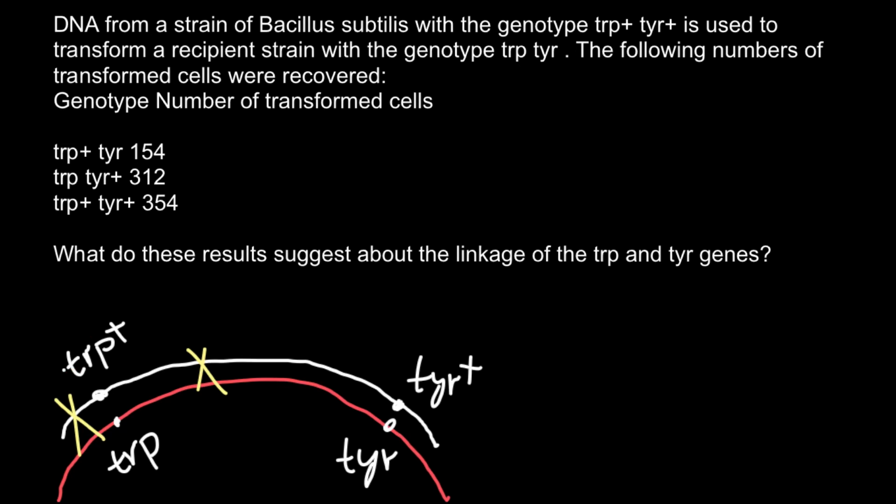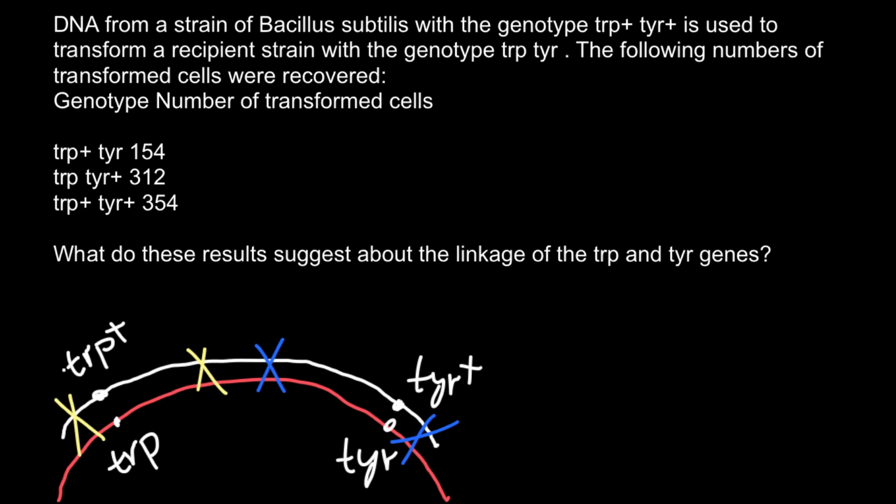We also may have a situation, for example, when we would have one crossing over here, another crossing over here. What is going to happen in this case? This tryptophan would still be in the genome of the recipient bacteria, but this fragment would be replaced along with this gene. So we would have tyrosine positive in the genome of the recipient bacteria.